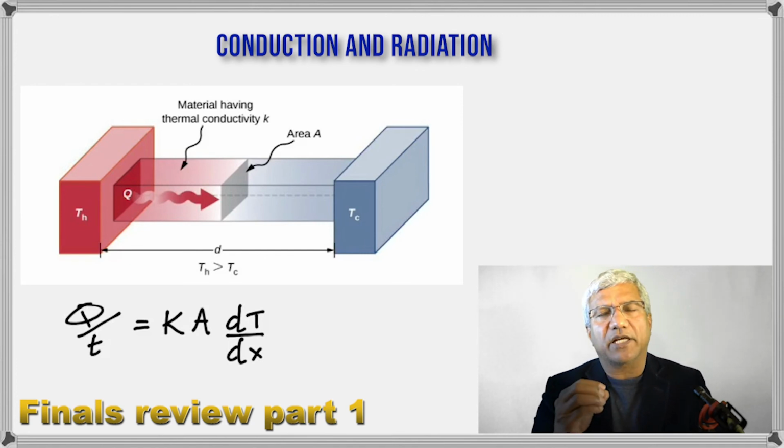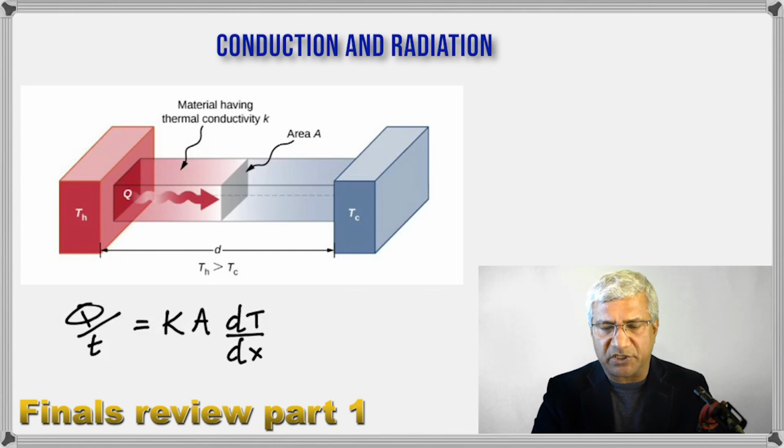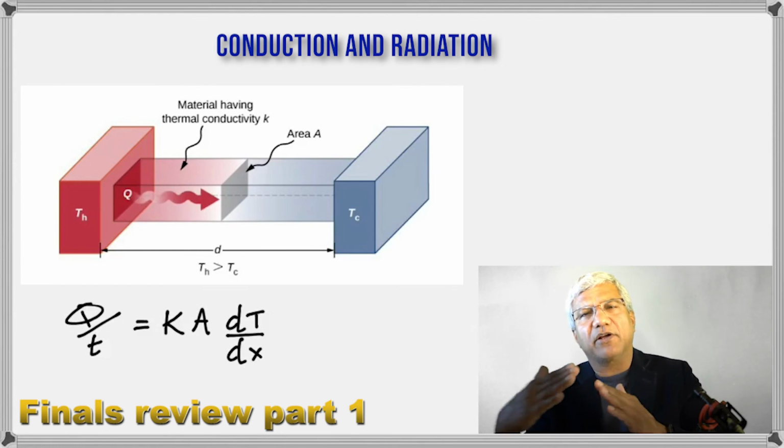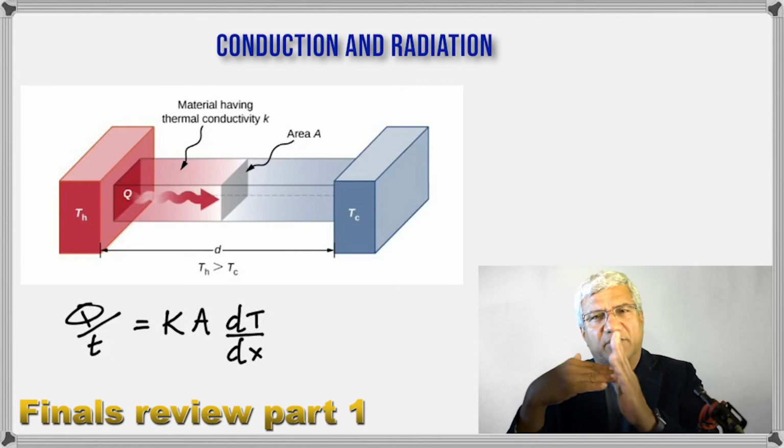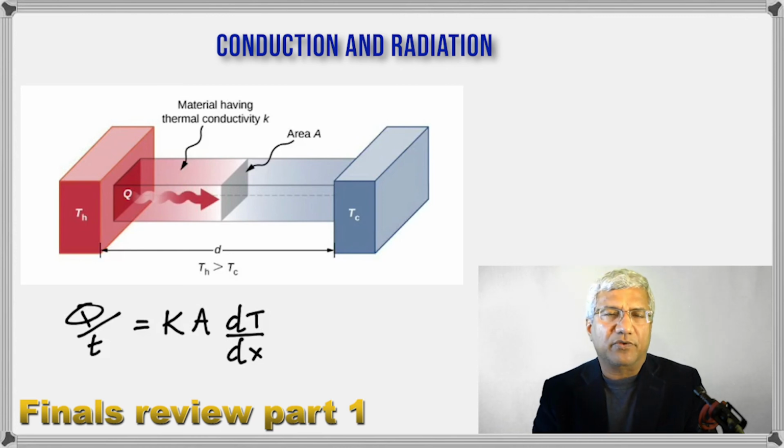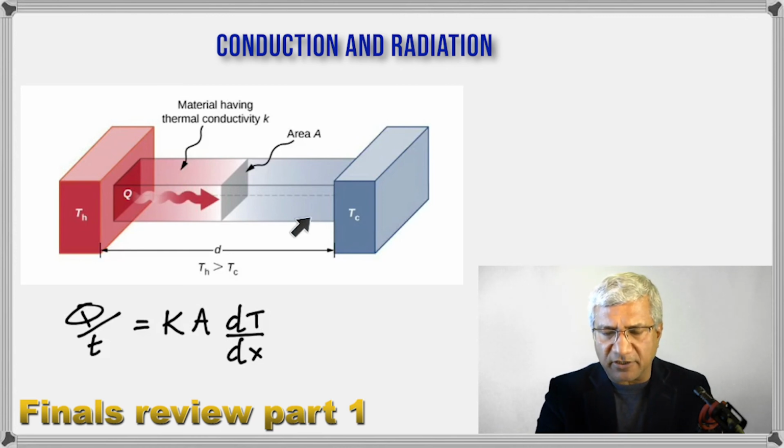K is a constant which depends on the material. It's called thermal conductivity. A is the area of cross section, the area of the rod that is in contact with the heating source. dT is the difference in temperatures between these two.